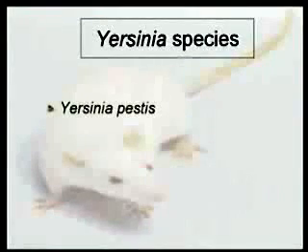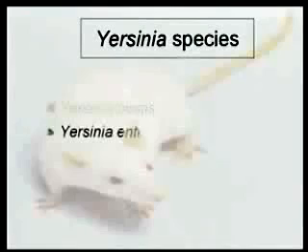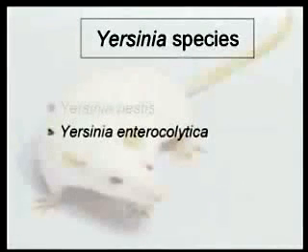Dr. Yersin is the discoverer of these organisms. You'll see that later. There are three organisms that have significance as far as human health is concerned, and the most important one is Yersinia pestis, which causes plague.